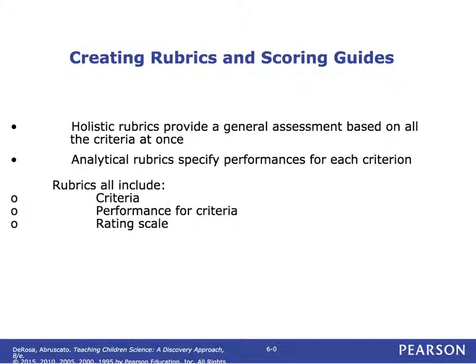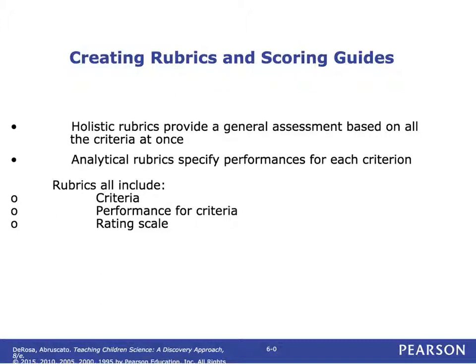Each one will have the criteria, what the performance should be for the criteria, and a rating scale that tells what the score is based on whether or not the criteria was met.